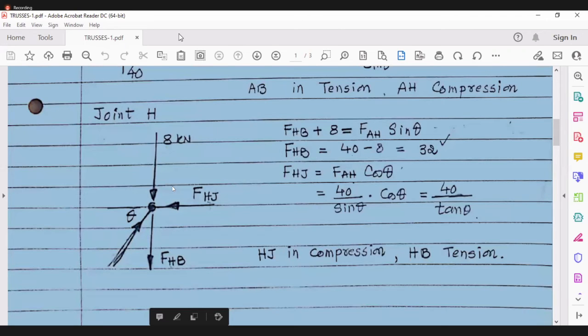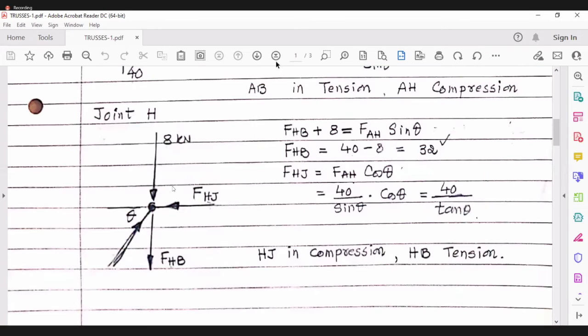Joint H is over here. This is joint H. Here there is element AH. A, and here it is H.